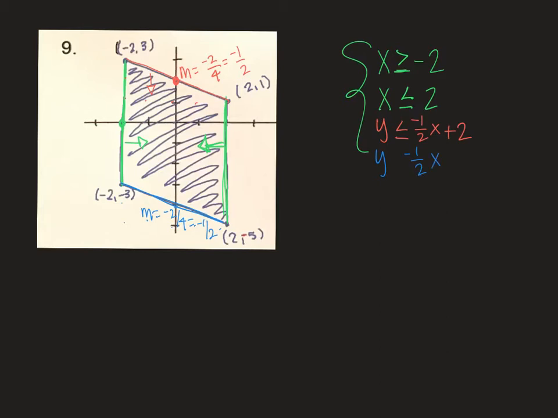It's going to cross the y-axis at negative 4. So we have a y-intercept of negative 4, and it's shading above that. So it's going to be greater than, solid line means greater than or equal to. So those are our 4 lines that are going to form that system of inequalities.